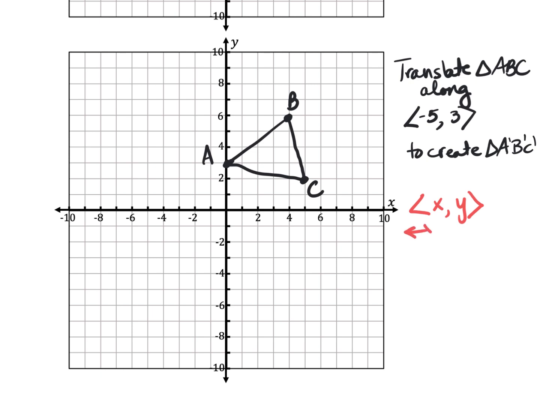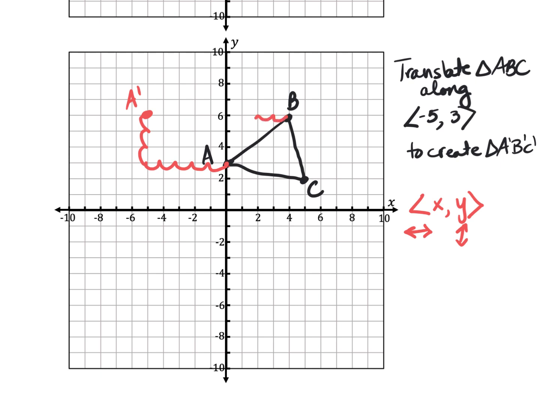So the first number goes left or right. And of course, y will tell us whether we're going up or down. It's positive, so it means we're going to go up. So I'm going to go 5 units to the left, 1, 2, 3, 4, 5. And then I'm going to count 1, 2, 3 units up. And that will be my coordinate for A prime.